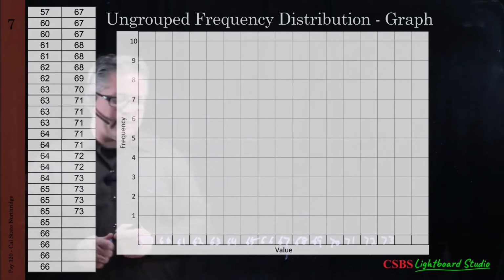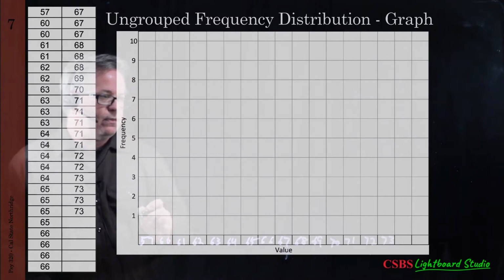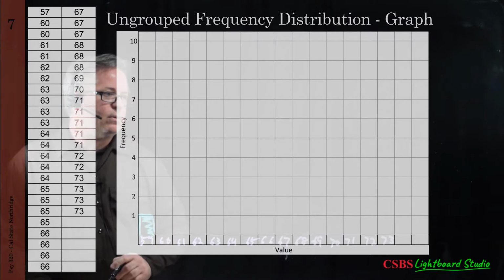Like for 57, there's just 1, so we can just have one bar there. For 60, there are 2. So we can actually see that bar there. For 61, there are also 2.